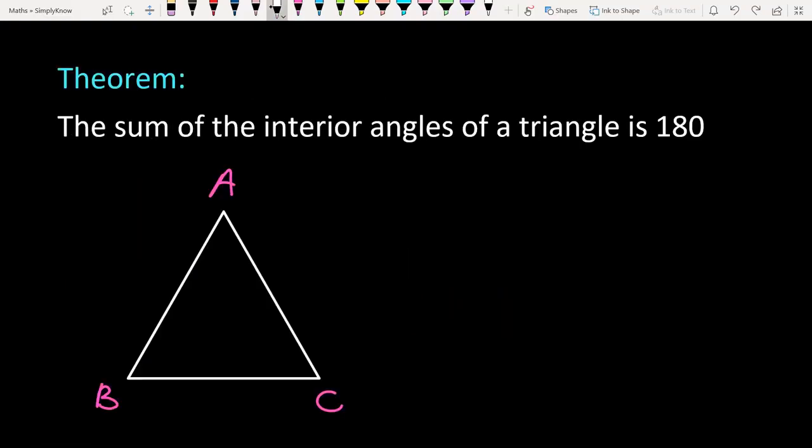So remember this theorem. The sum of the interior angles of a triangle is 180 degrees.